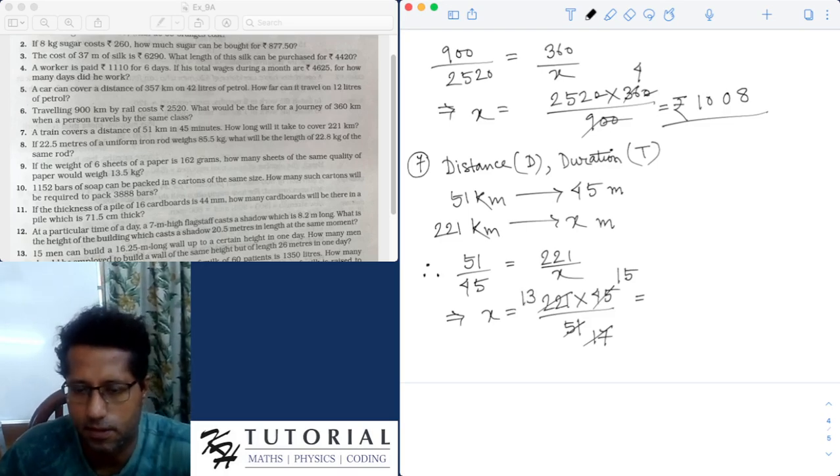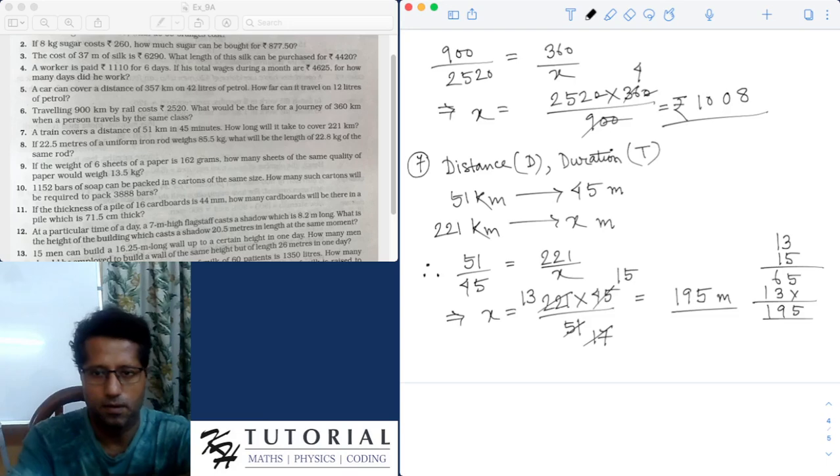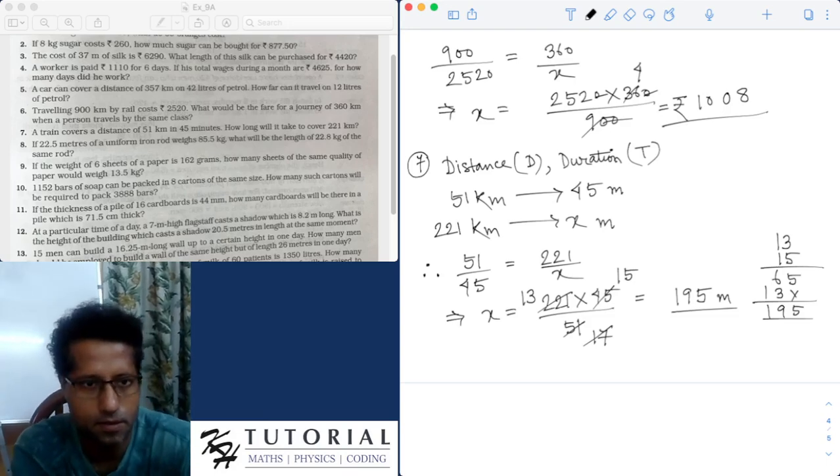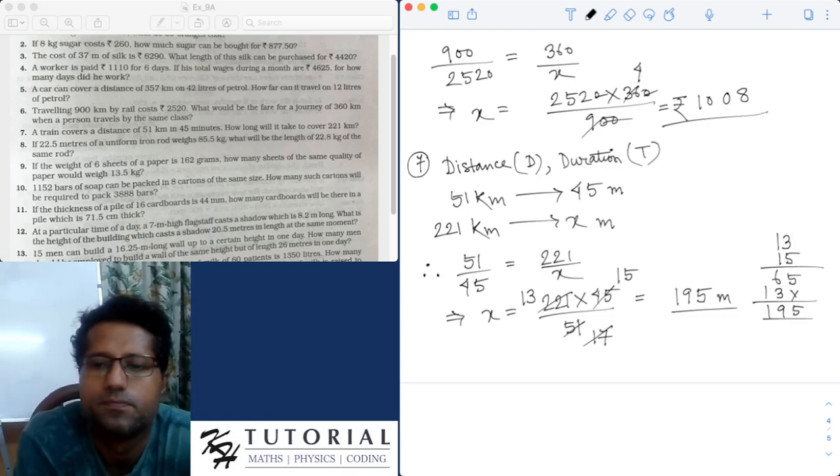So this is 13 into 15. 13 into 15 is 65 and 13, 195. So this is 195 minutes. So to travel 221 kilometer, the train will take 195 minutes.